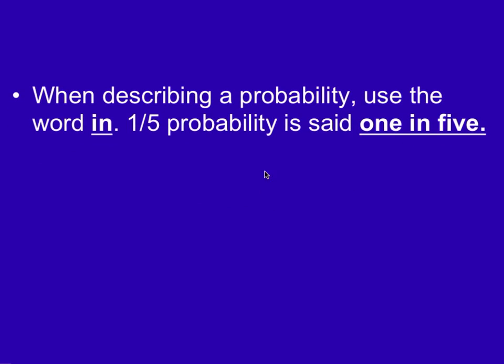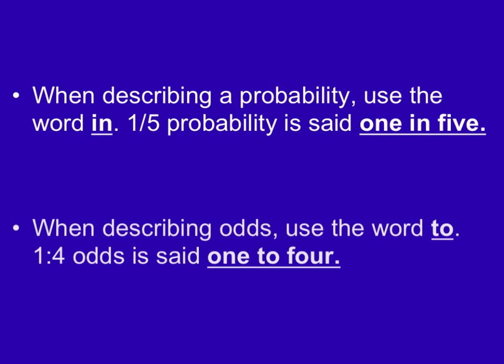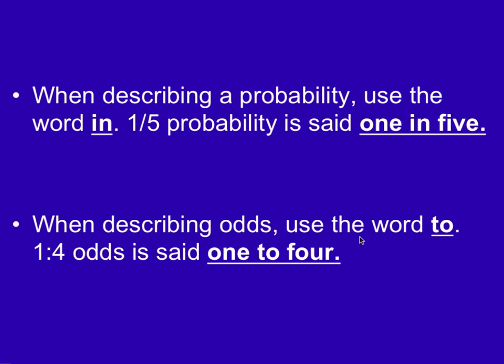Now when we describe a probability, we use the word "in." So this probability is said 1 in 5. It means 1 in every 5 chances has had a successful event. When describing odds, we use the word "to."